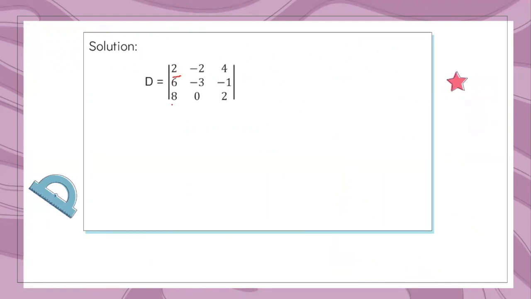To make it 1, you have to divide it by 2, meaning we have to factor out 2. Then you just choose where to factor out 2. You can factor 2 out of the row or the column where it's placed. So here, I see that row 1 is divisible by 2, so we can factor out 2 there.